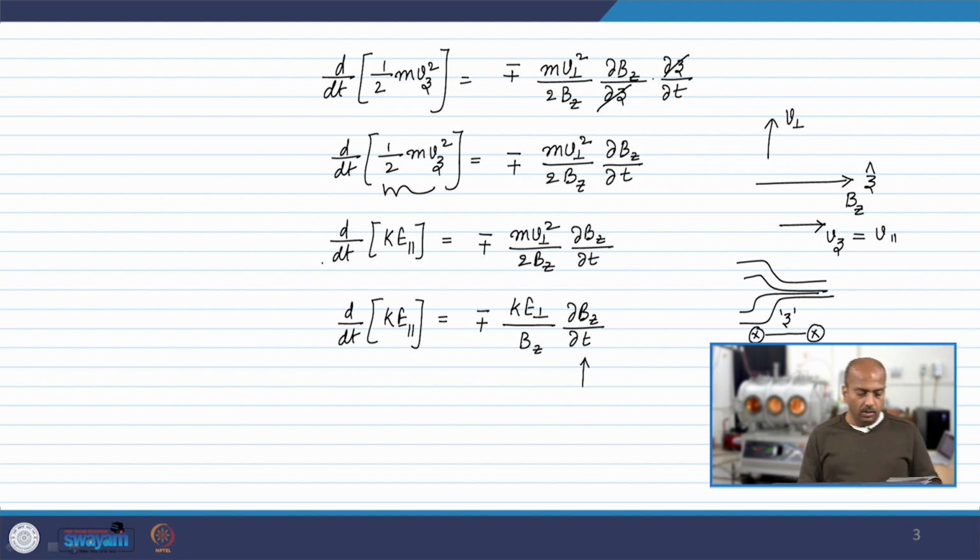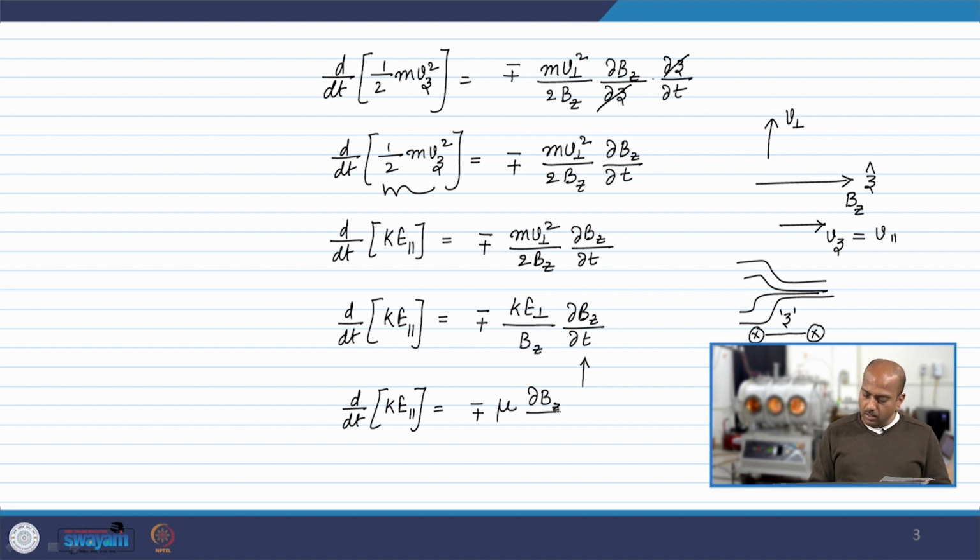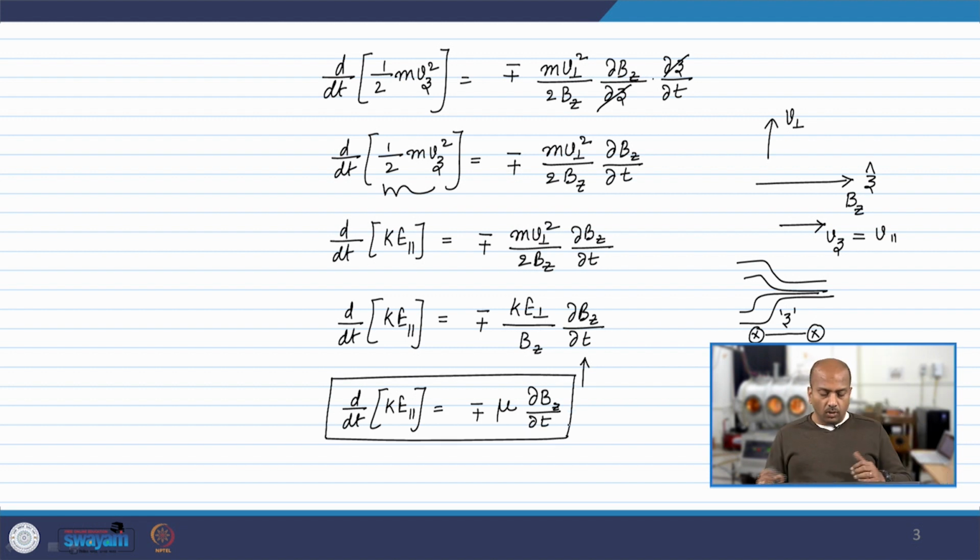So we will write the rate of change of parallel kinetic energy, KE parallel, as equal to minus plus mu ∂B/∂t. This is not new. We have already had this sort of expression, but we never had the kinetic energy appearing on the left hand side.